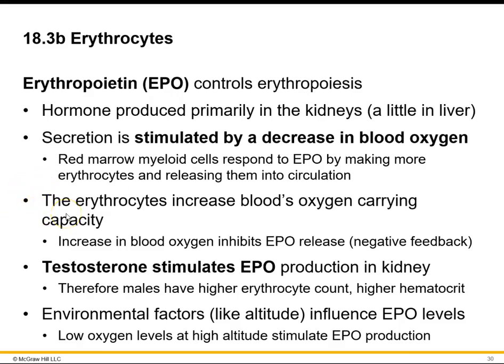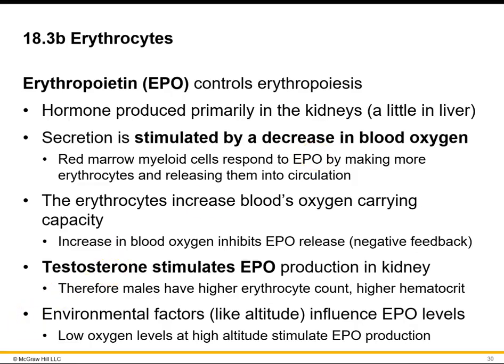Well, because you're going to have more red blood cells, you're going to have more hemoglobin in the blood, and so more oxygen carrying capacity in the blood. So that's going to increase your blood oxygen levels, and when that happens, you're going to have a negative feedback mechanism, and that increase in blood oxygen levels is going to tell the kidneys and the liver to stop secreting EPO.